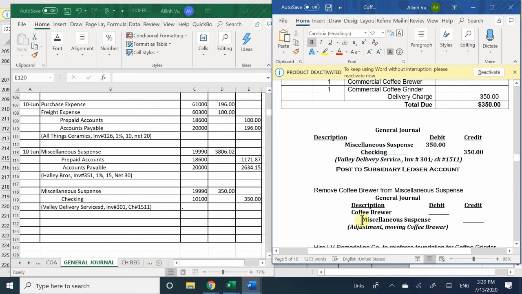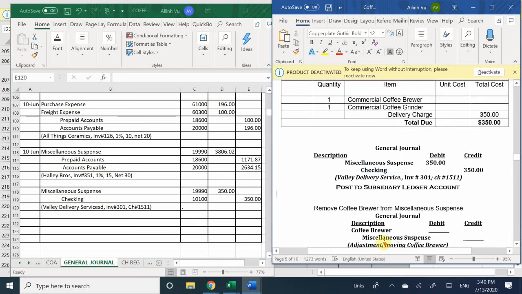So we need to calculate the total of how much that coffee brewer is and remove it and put it in its proper place. So this is an adjustment entry. First off, let's go back to our scenario at the top.